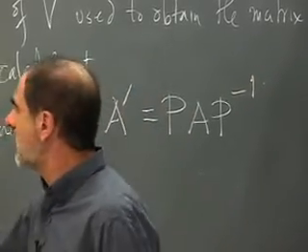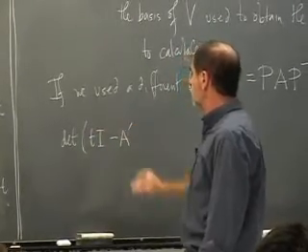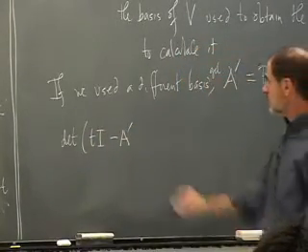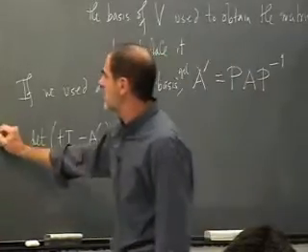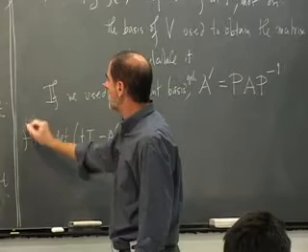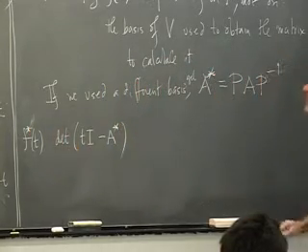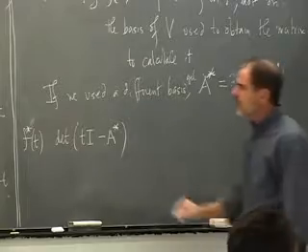We'd have to calculate the determinant of tI minus A prime. That would be our new characteristic polynomial, f prime of t. Whoops, better not use prime. Well, whatever. f star of t. Let's call this A star. New different basis. f star of t would be this.